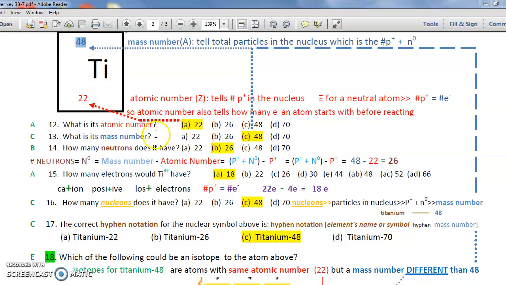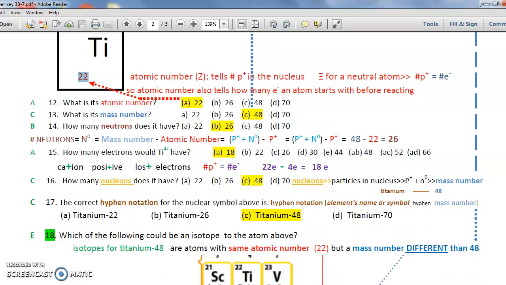Let me try that again. Titanium-49 would have 27 neutrons, 22 protons. Titanium-48 would have 22 protons and 26 neutrons. So they're varying in numbers of neutrons, not in numbers of protons.